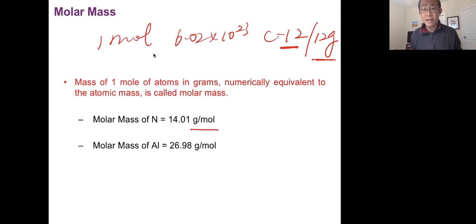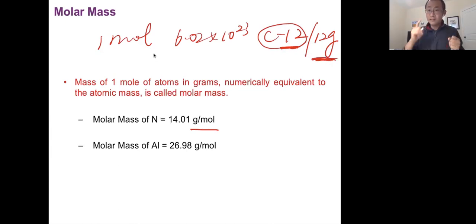If you look at the periodic table, the atomic mass of aluminum is 26.98. We can use 27 if you want. Then 1 mole of aluminum has a mass of 26.98 grams. Again, think about how we get this mathematical relationship. Carbon 12, this is the atomic mass, no unit. But 1 mole of it is 12 grams.